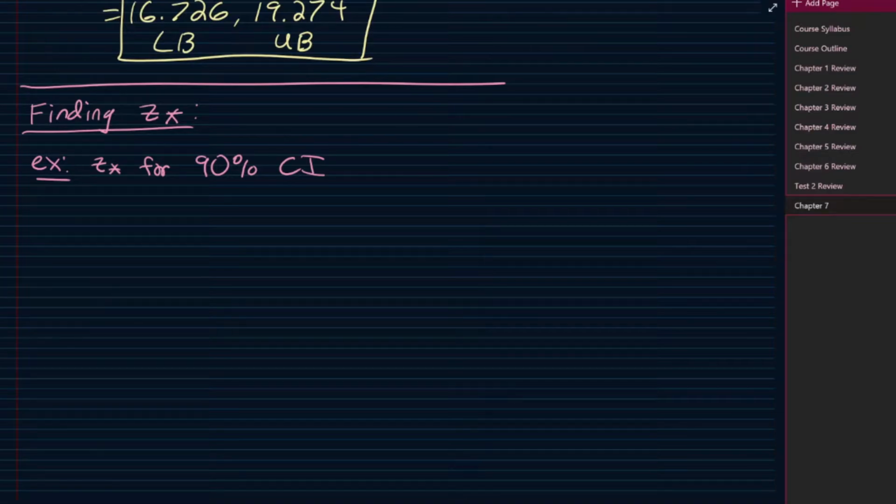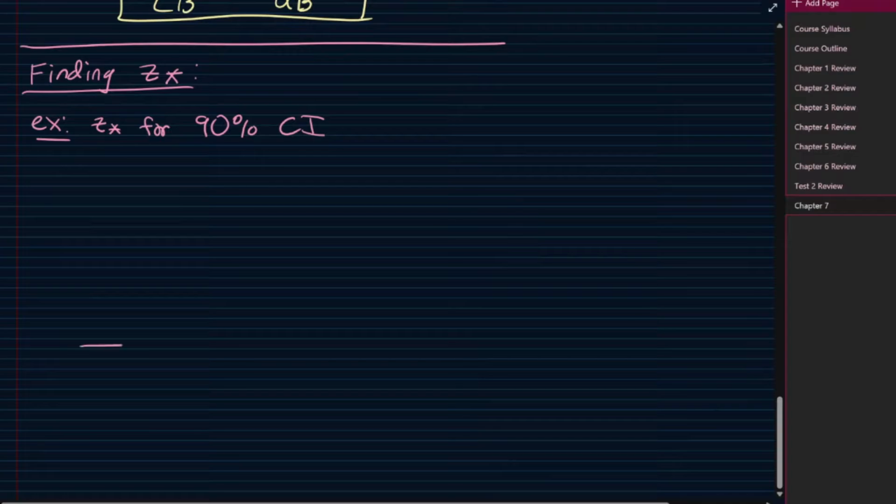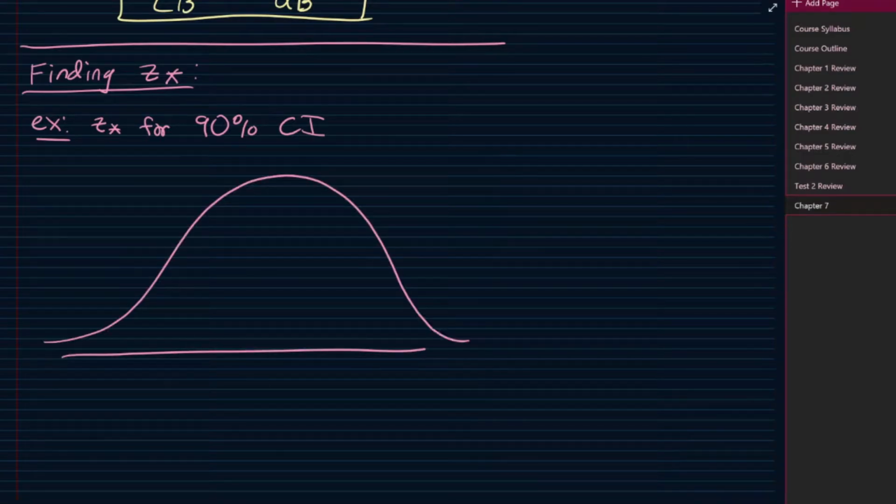So if we want a 90% confidence interval, that means we want this inner area to be 90% of the data, right? AKA 0.9. Well, if this accounts for 90% of the data, how much of the data would be in the 2 tails?